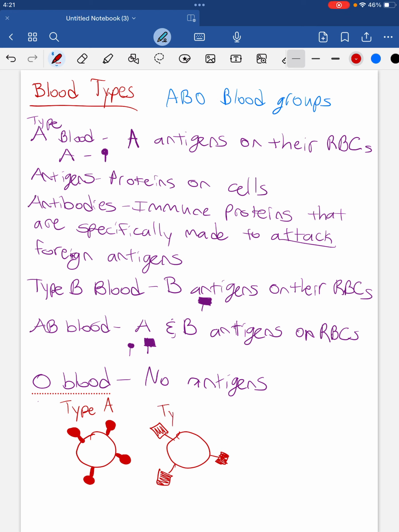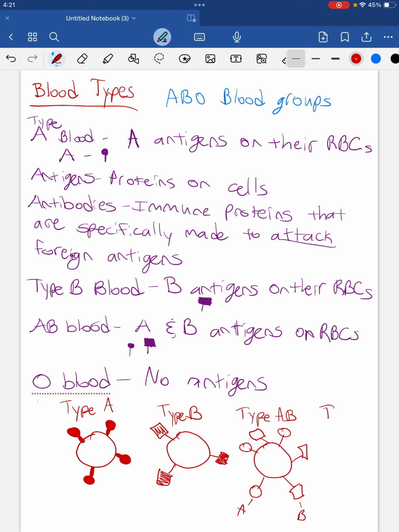So type B. This person's type AB. This person has both, so they have A antigens and B antigens.